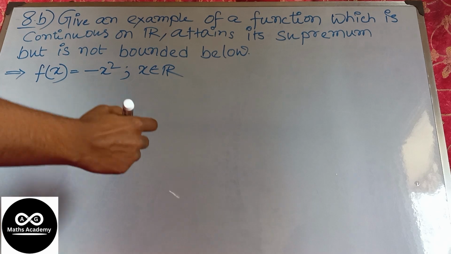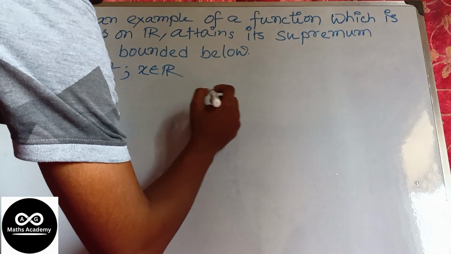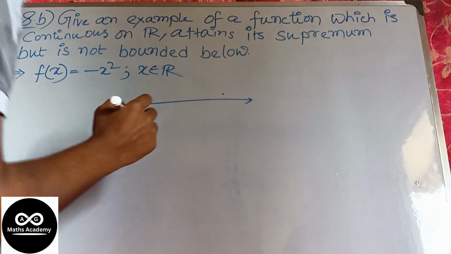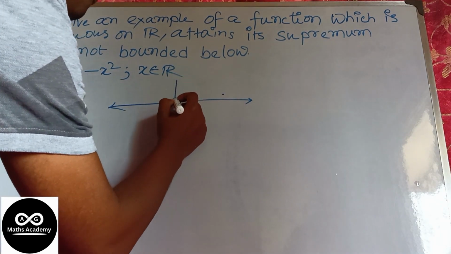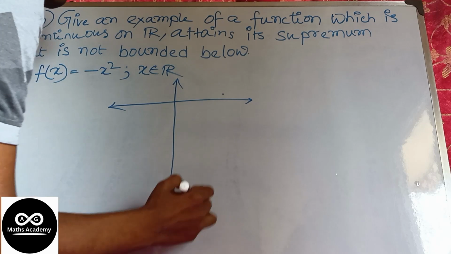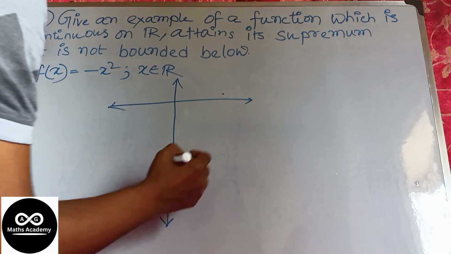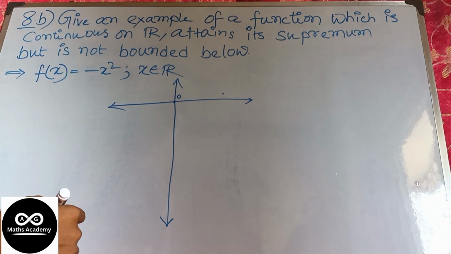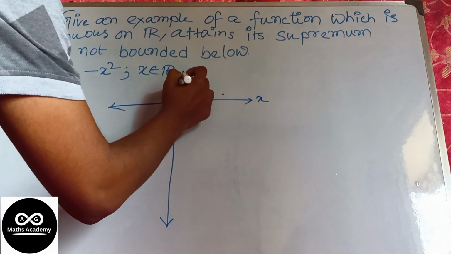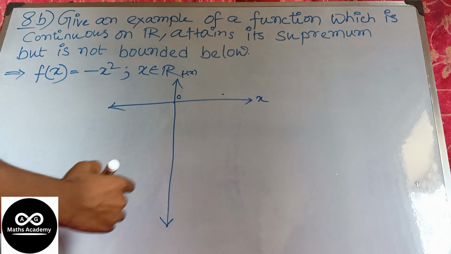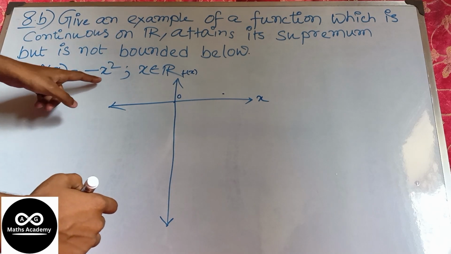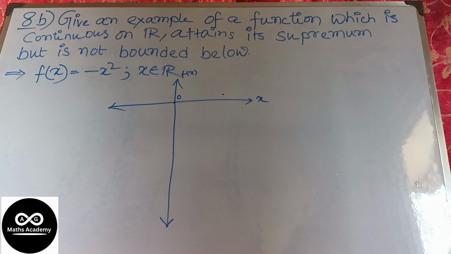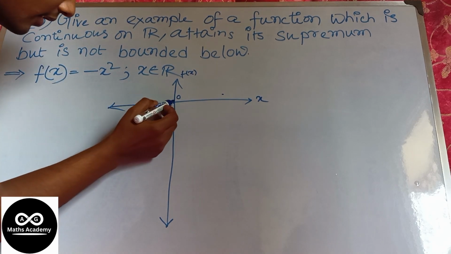Okay, so what will be the graph of this function? This is 0, this is x, this is f(x). Now minus x squared will actually look like this.